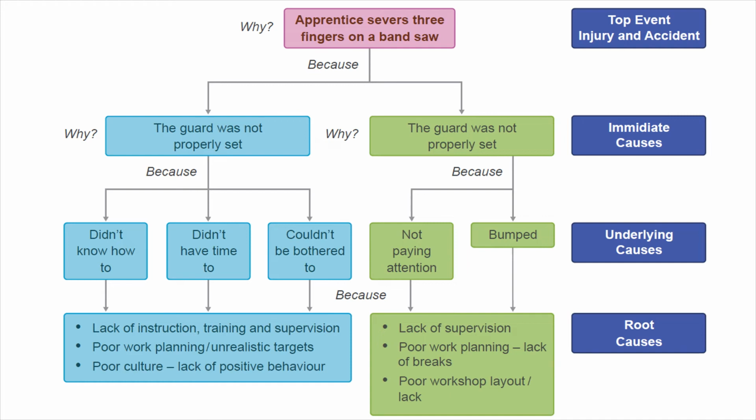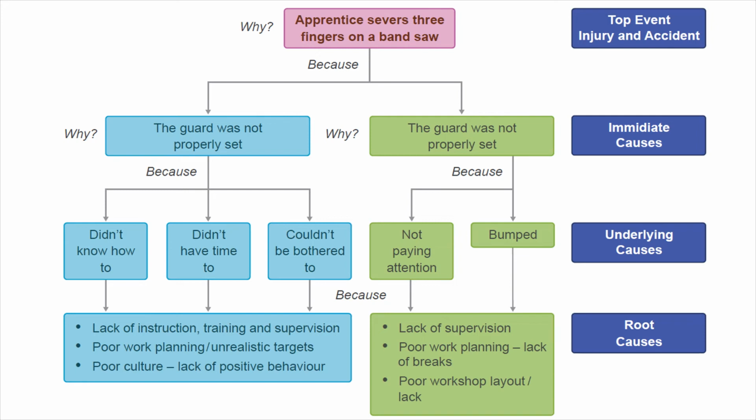Ensuring that we have an active plan in ensuring instruction, training, supervision, that we plan work properly and set realistic targets for our employees, as well as creating a good, healthy safety culture with a positive behavior within the company can root out these root causes.